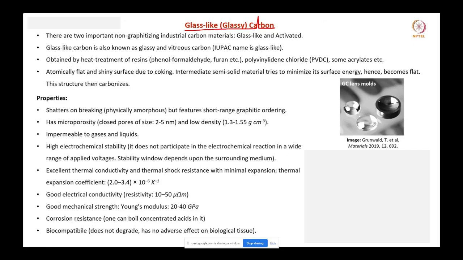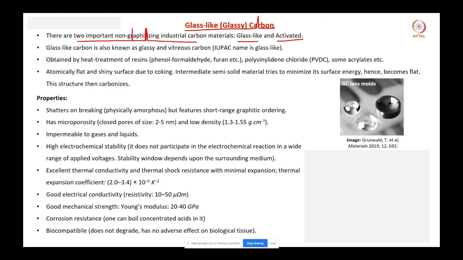So basically, I have discussed glassy carbon and all types of carbon, graphitizing and non-graphitizing carbon. Two important non-graphitizing industrial carbon materials are glass-like and activated carbon. Sometimes when I am ahead, in the latest lectures, you start forgetting previous concepts.